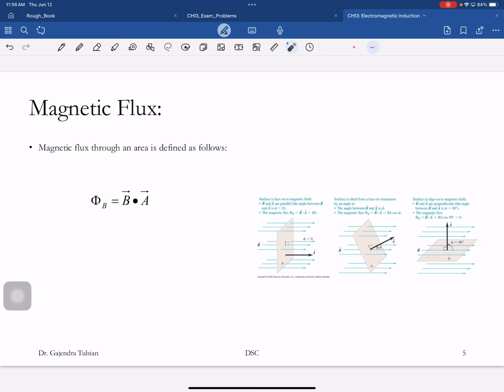Zero. And if the area is at an angle, there are fewer field lines penetrating this area than this one. So we define the magnetic flux, just like we've done previously for the electric flux, as B dot A, where A is the area vector and B is the magnetic field vector.